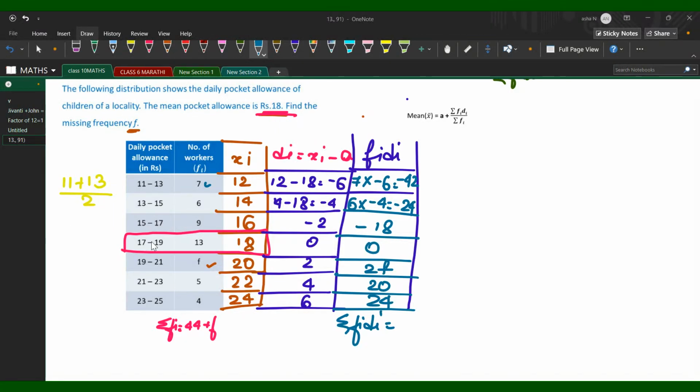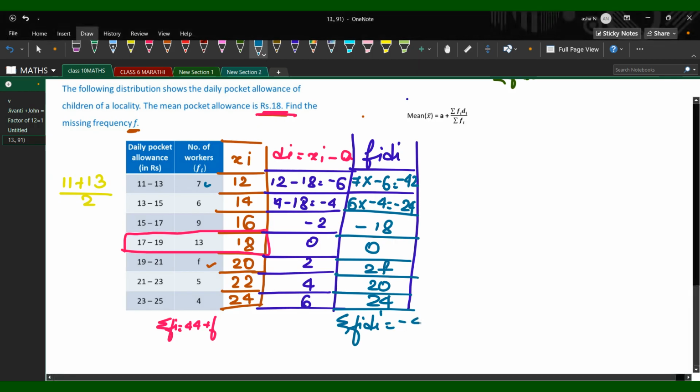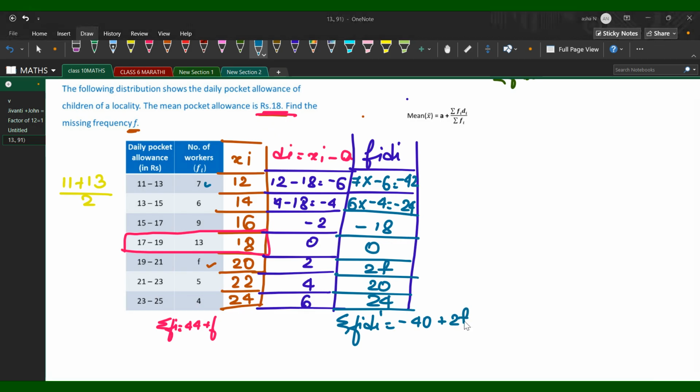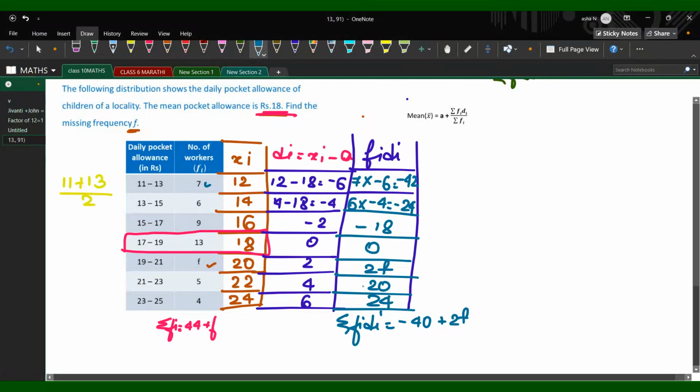Minus 66 minus 18 is minus 84. Minus 84 plus 0 is minus 84. Minus 84 plus 20 is minus 64. Minus 64 plus 24 is minus 40. So it is minus 40 plus 2f, because we cannot add the variable 2f.